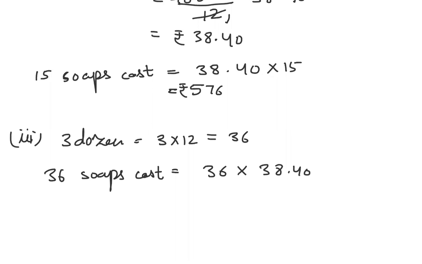Now multiply and tell me the answer. 36 into 38.40. So the cost of 36 soaps is 1382.40. Okay.